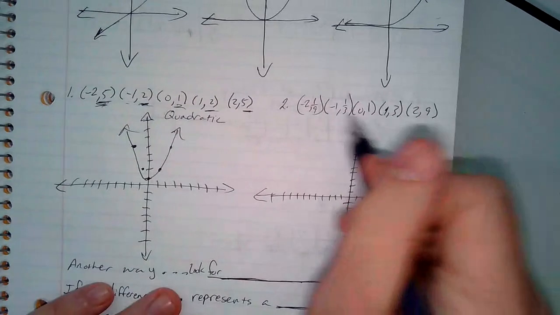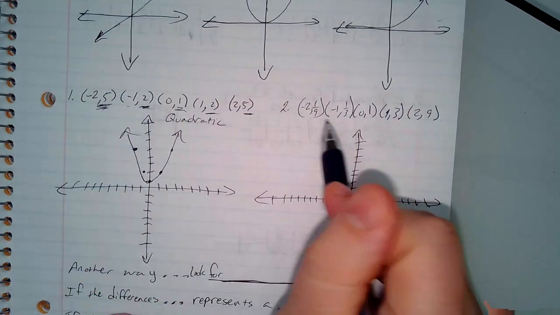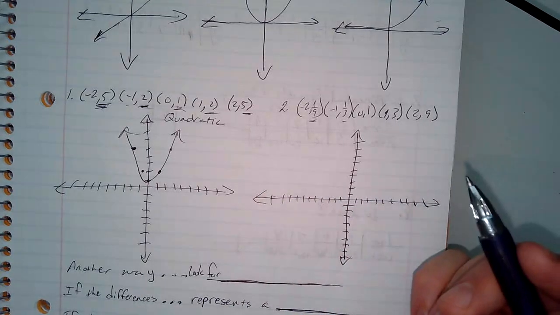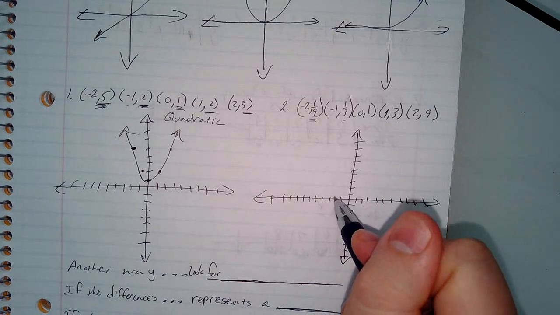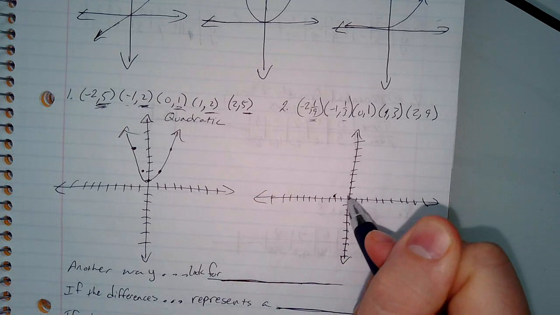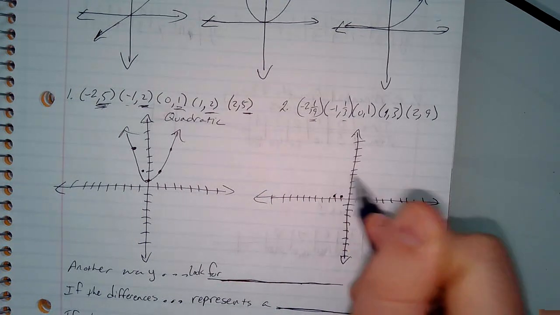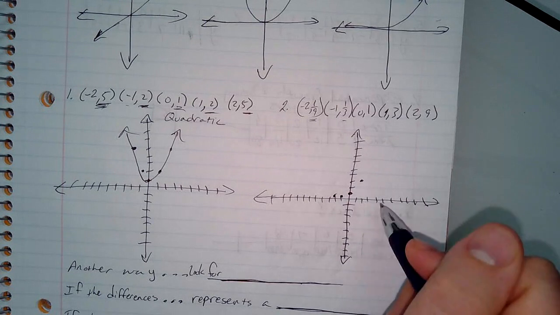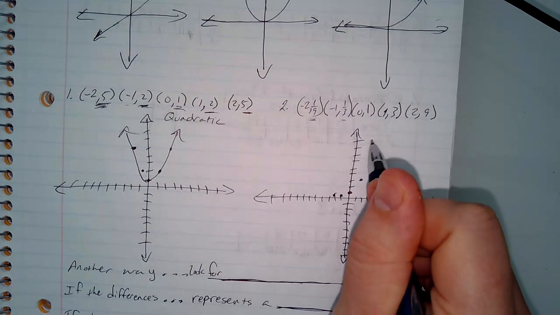All right, this one screams exponential function to me right away because of these numbers getting very, very close to 0, but not reaching it. So -2 and 1/9, -1 and 1/3, 0 and 1, 1 and 3, and then 2 and 9, all the way up here.